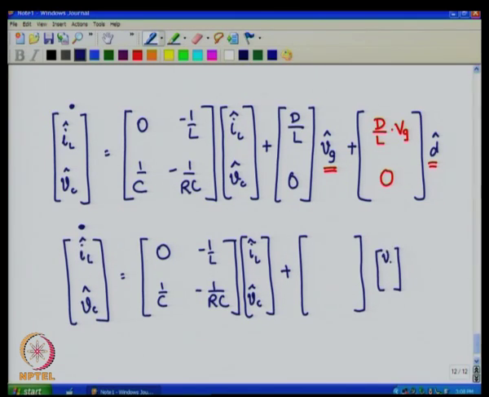Now, let us combine both these together. We combine both V_G and D as the input variables. So, you take this column corresponding to V_G input and this column corresponding to D input.